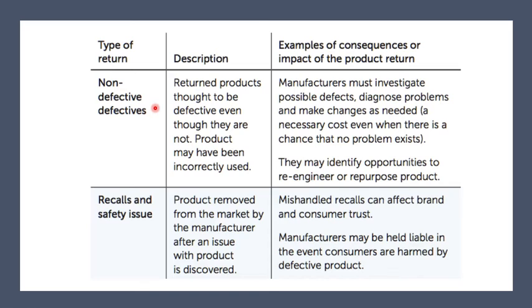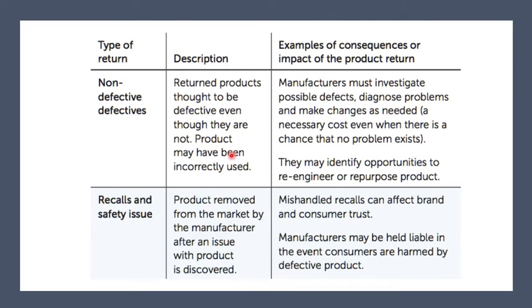In that case, the company can investigate, but the customer is definitely going to seek compensation, because you can't identify that issue at the same time. So the customer is going to return the product, they need to get compensated, and maybe the product needs to be replaced. They are saying returned products thought to be defective, even though they are not.